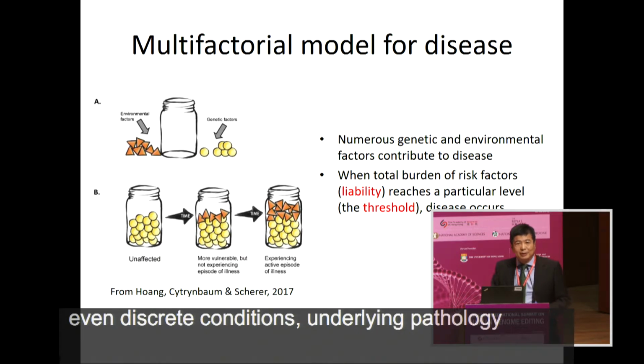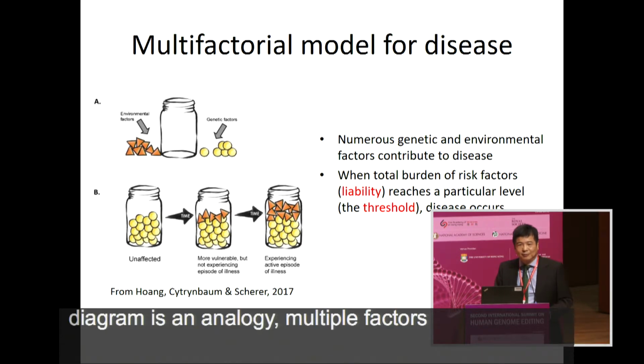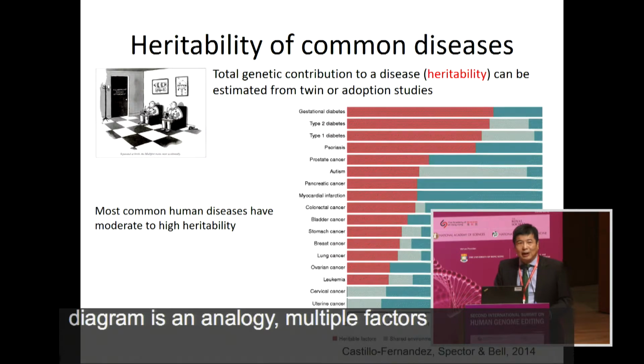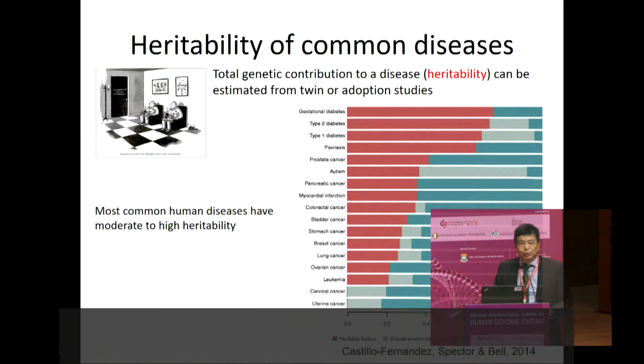This is sometimes called a multifactorial model of disease, and the diagram is an analogy: there are multiple genetic factors and multiple environmental factors, and when the total burden of these risk factors reaches a particular value, the so-called threshold, then the disorder develops. The relative contribution of genetic versus environmental factors can be determined from twin studies.